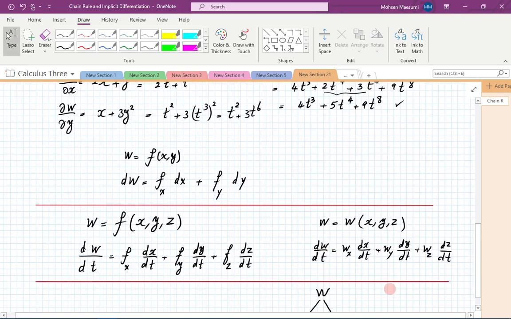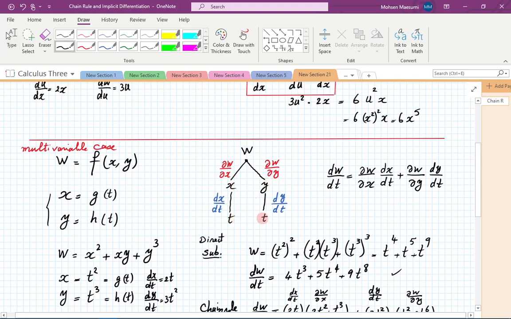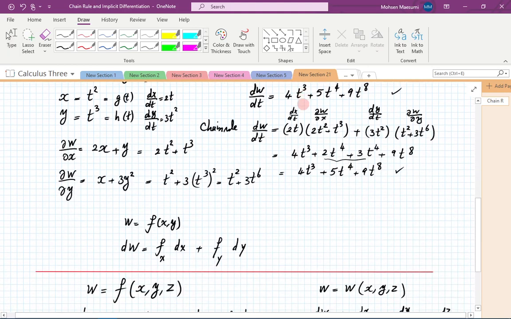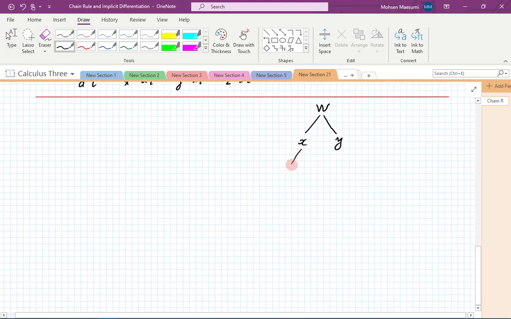So in the previous case, x and y just depended on one variable t, but it's possible that we have a more crowded situation, where x depends on t and say s, and y also depends on t and s. So we have a cascade of variables. At the root we have w depending on the next level of variables, and these in turn could depend on the next level. You can imagine you can have more branches on this.